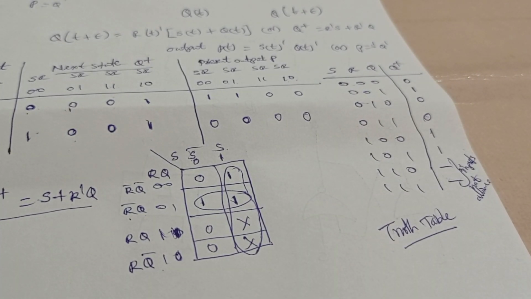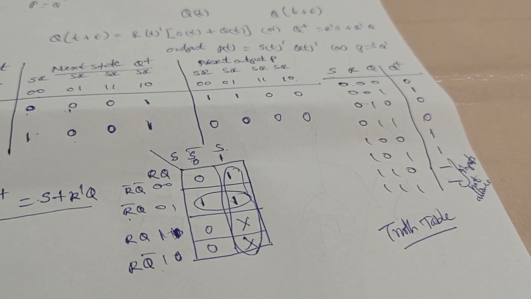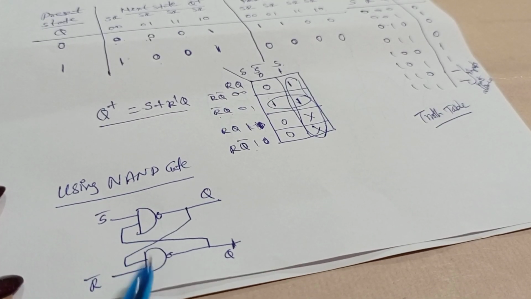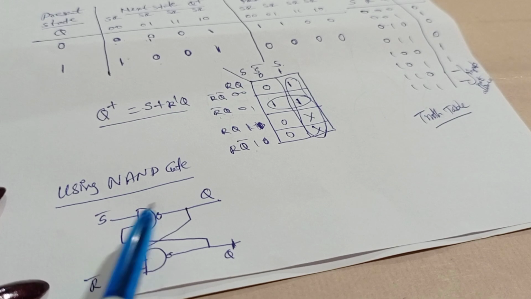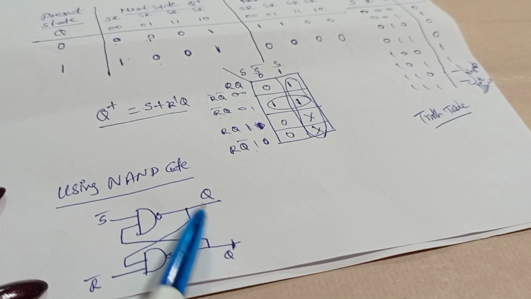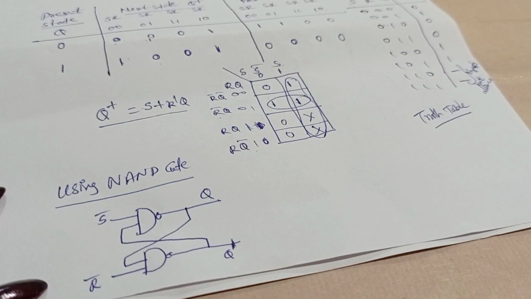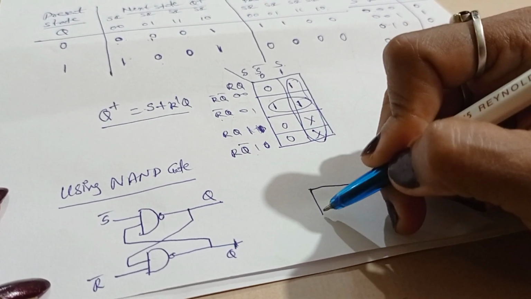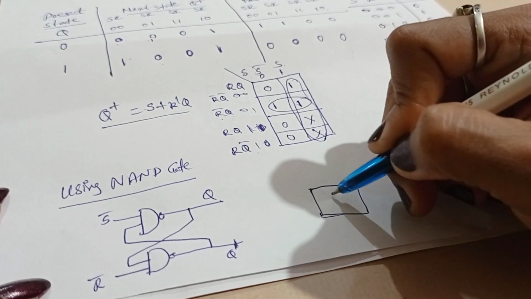Now there is an alternative form of the SR latch using NAND gates. Here, using NAND gates, inverted inputs are applied and we get Q bar as the output. That symbol is represented. The latch is drawn.